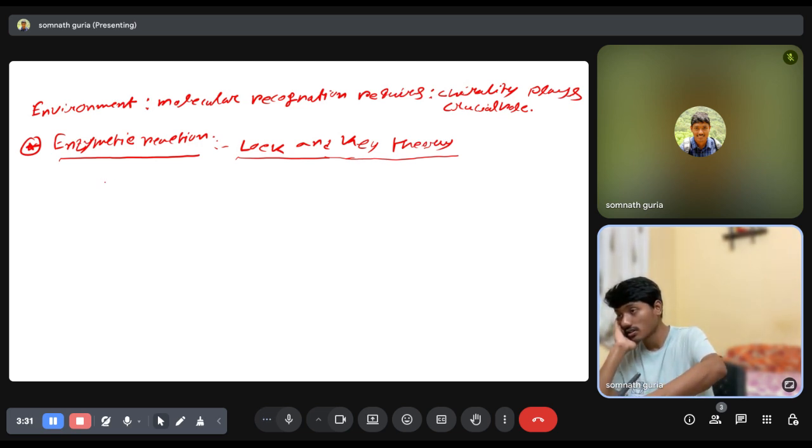Let's suppose this is my enzyme. It has one specific region, and we have some substrates of this kind, and another substrate of this kind.